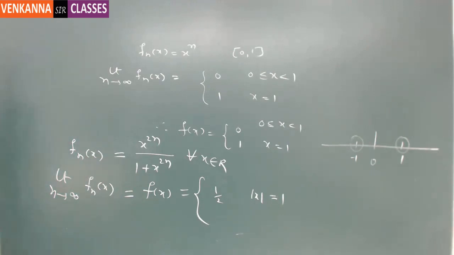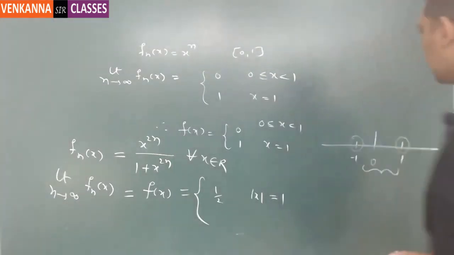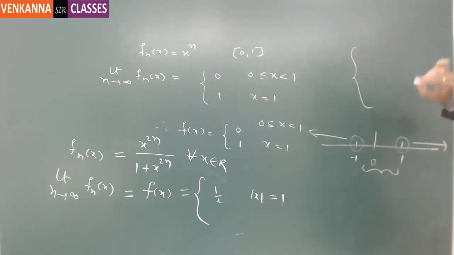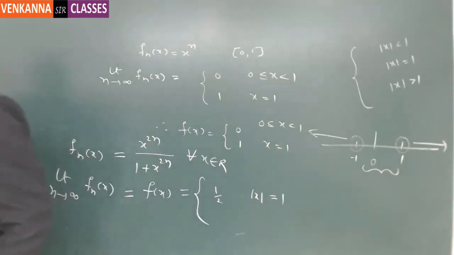Fine. So you can take x between these two points, and you can take x here and here. So what I am doing is a bifurcation as mod x less than 1, mod x equal to 1, and mod x greater than 1. That is what I am doing actually, right?